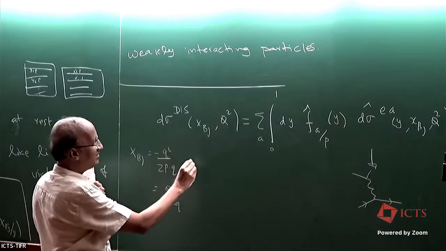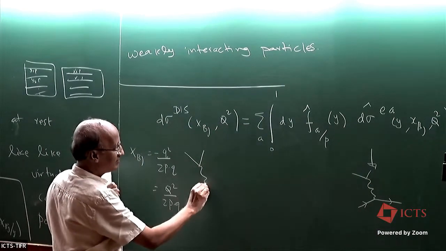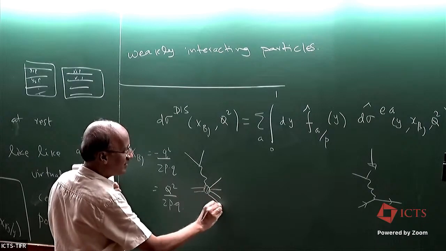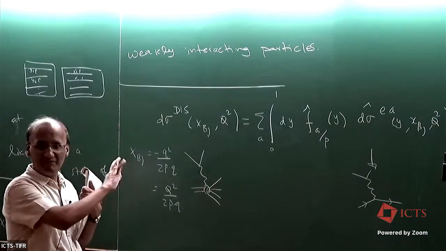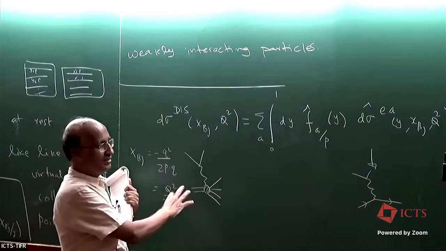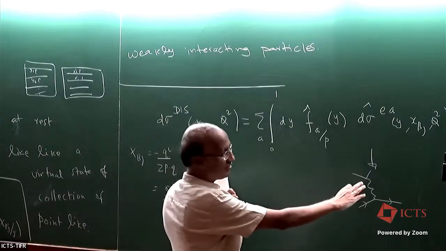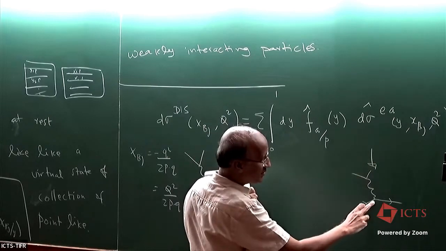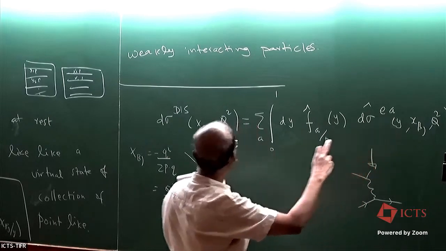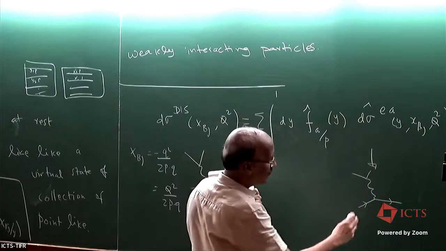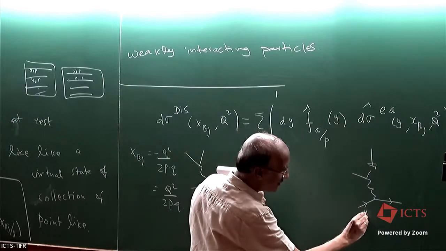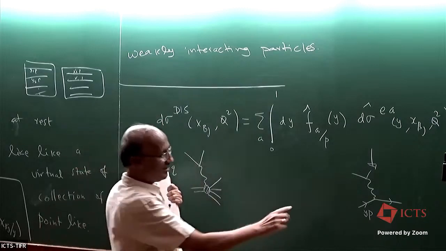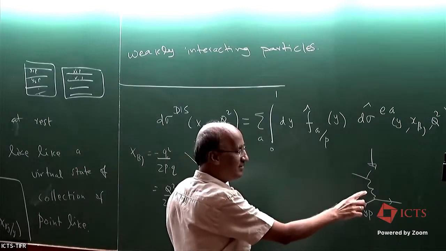The left-hand side is scattering on a proton, and then it breaks into pieces. So the square of this, I'm just giving you the square, is also the square of this d sigma hat. And what is this momentum here, y? Instead of x, I have y. So y here is simply the fraction of the momentum carried by this parton of type a.